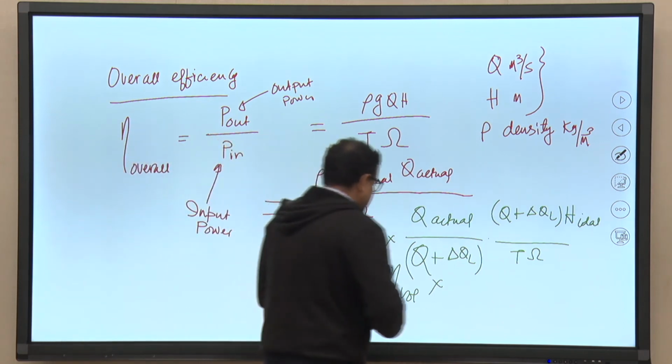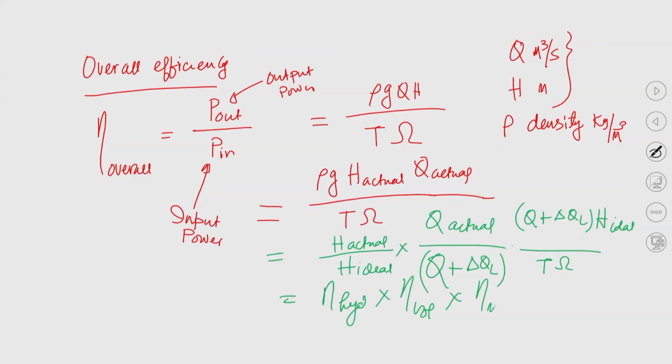So, this is nothing but eta mechanical, right. So, we can write that the overall efficiency, sorry, again one term is missing, that is rho into g, which is gamma.